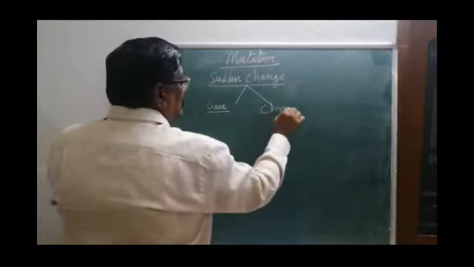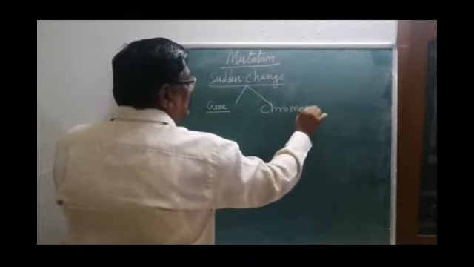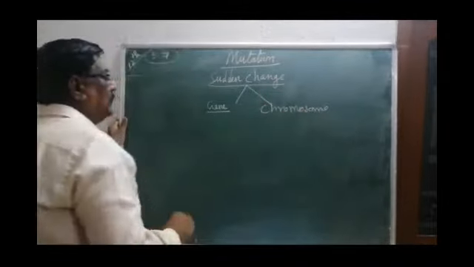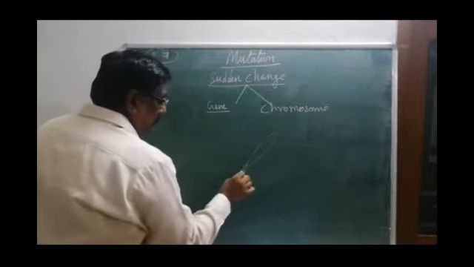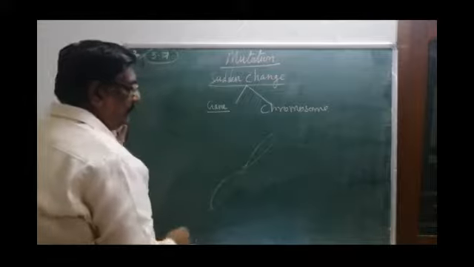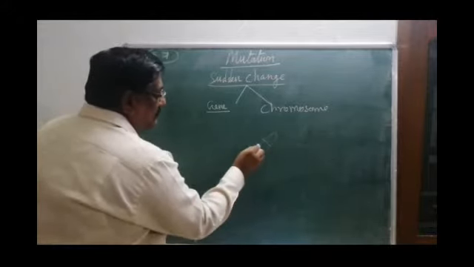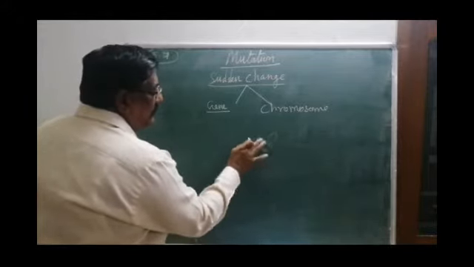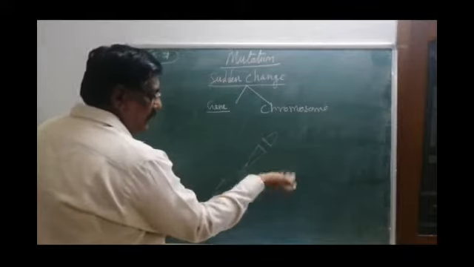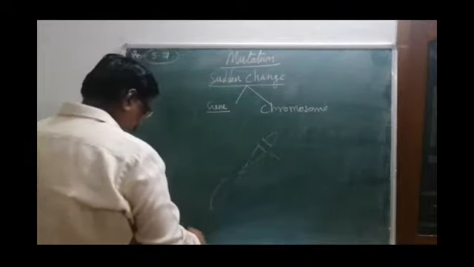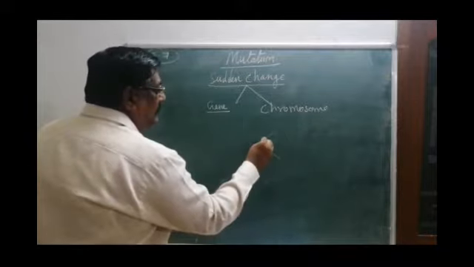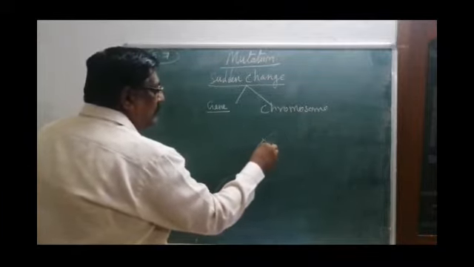Change takes place in a chromosome. If you take a chromosome, suppose a piece of chromosomal bit is lost or it gained, okay, I will make it in a different color, a new piece is gone.